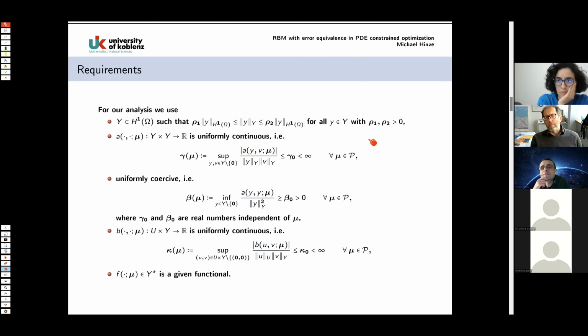Of course, yeah. It's a point. When the form is no longer symmetric, things become more involved. Let me say it so. What we did is for elliptic PDEs, since for this case you also have available the convergence of the finite element method applied to the optimal control problem. Yeah? So that is what we did. I agree. It is not yet done for situations you have now in mind, and I expect it to be much more technically complicated.